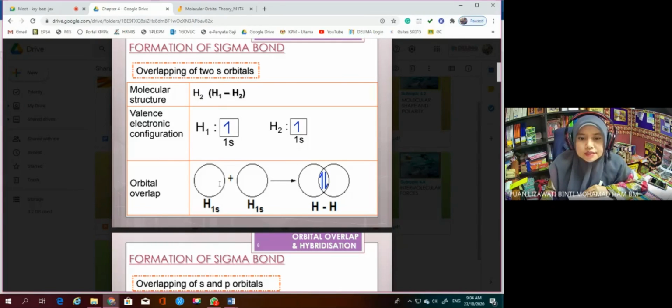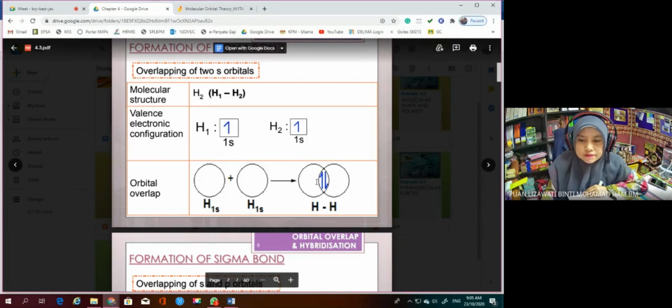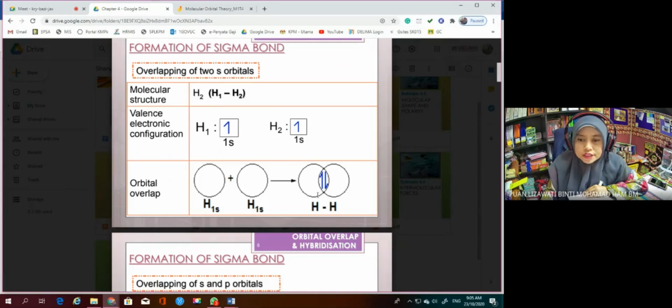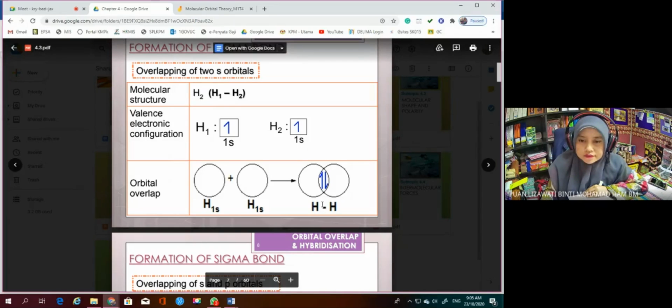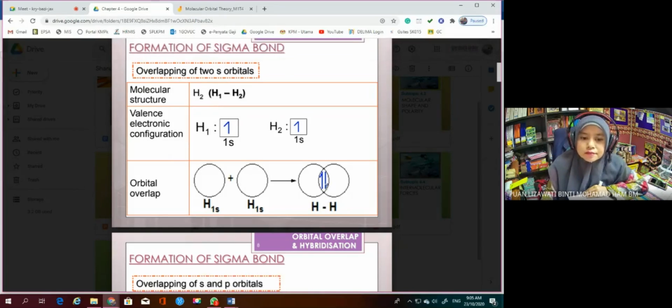So overlapping is involved between 1s and 1s orbitals. Like this. In the orbital region, we have to draw spin up and spin down. This is how the electrons are shared, and it will form sigma bond. A single bond consists of sigma bond.